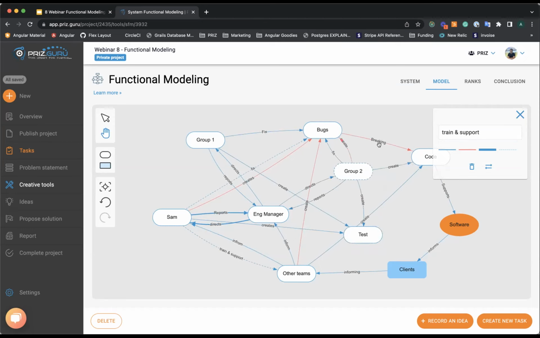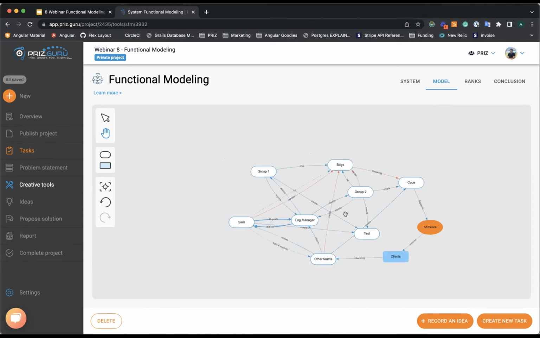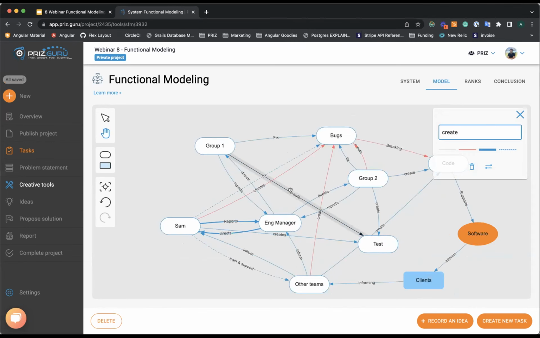This group, what do we have? It creates bugs, creates code, fixes bugs, writes tests. What else? This group of people, being a little bit less experienced, they create tests, they're doing the best they can, right?